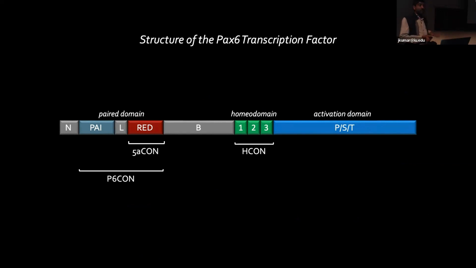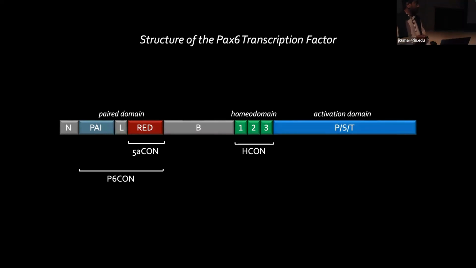This transcription factor can bind to DNA using many combinations of its DNA binding domains. It can use the entire paired domain in combination with the homeodomain. It can also use two individual subdomains, either individually or in combination with the homeodomain. So it has a plethora of different DNA binding targets that it can sit down on and regulate.